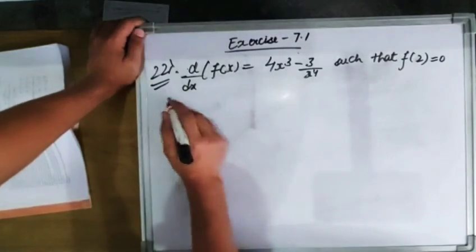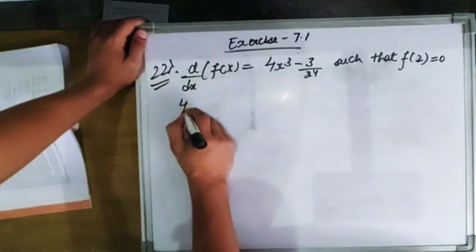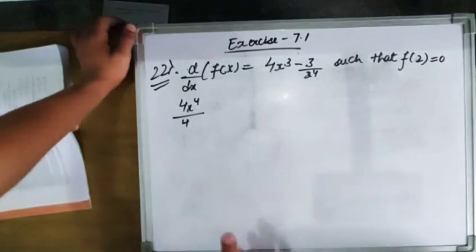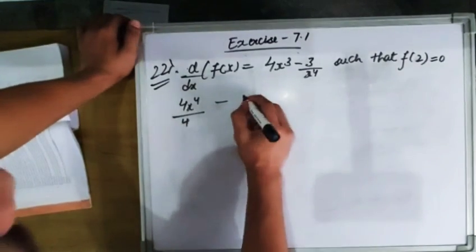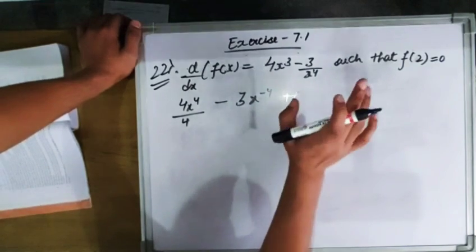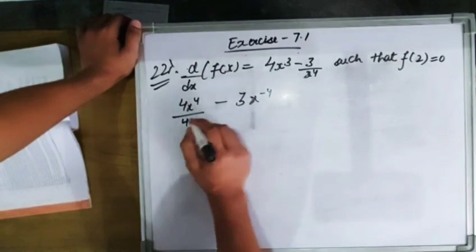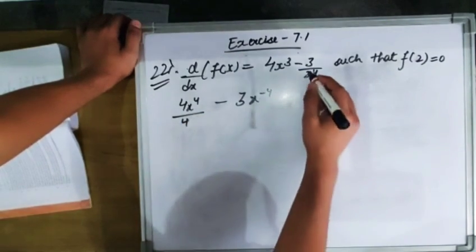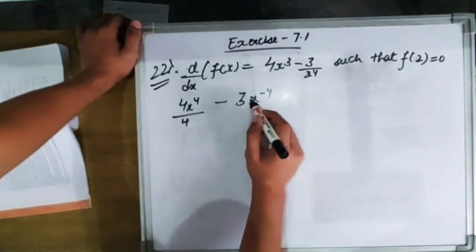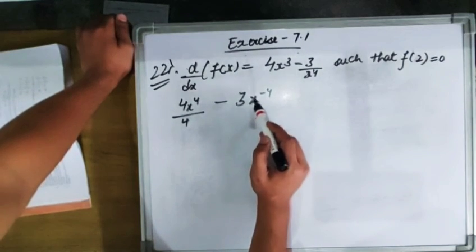In this question, the integration of 4x cube will be 4x raised to power 4 upon 4. I am solving it in a very fast manner. The integral of the second term: I have written 3 upon x raised to power 4 as 3x raised to power minus 4.